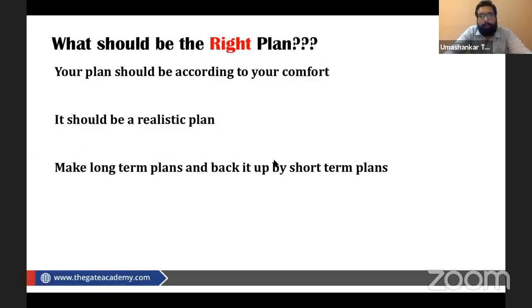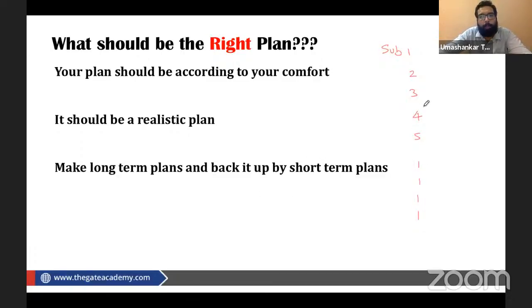Also, as I said, always make long-term plans, and back them up with short-term plans. Make a broad plan: this subject I'll start with first, then this subject, then this, like subject 1, 2, 3, 4, 5, and so on.